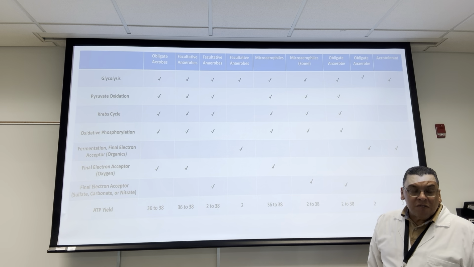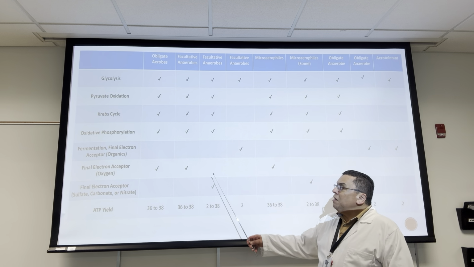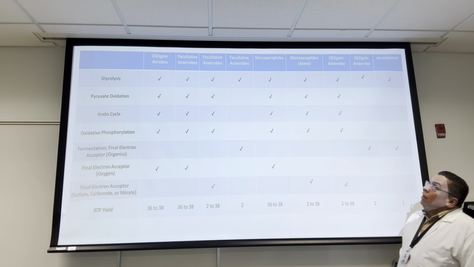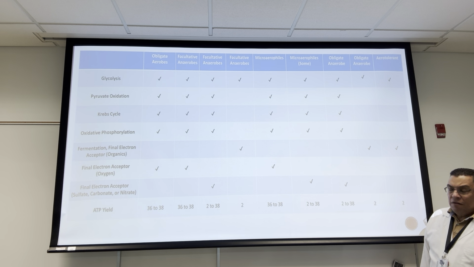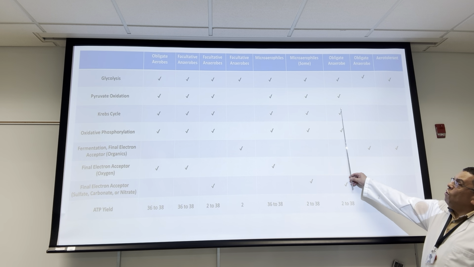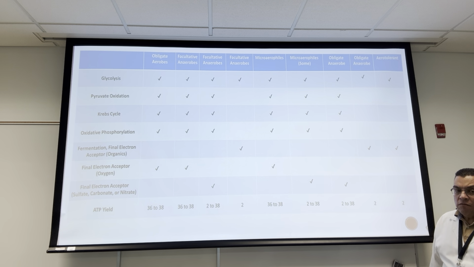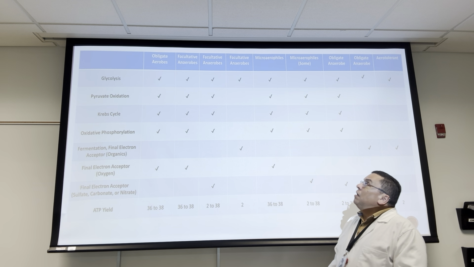Facultative anaerobes, they're flexible. They can do the aerobic cellular respiration, the anaerobic, and the fermentation. If you are an obligate anaerobe, you can do anaerobic cellular respiration or fermentation. Some bacteria are like that.